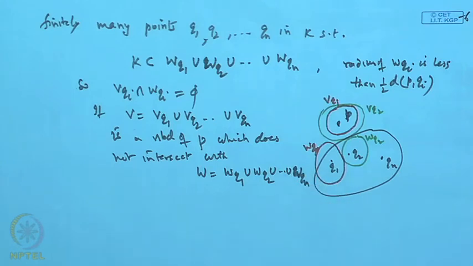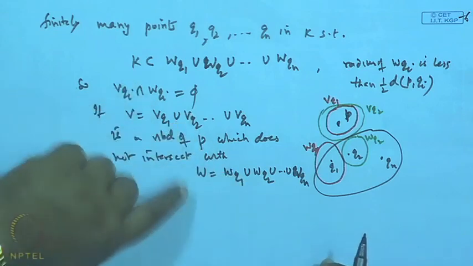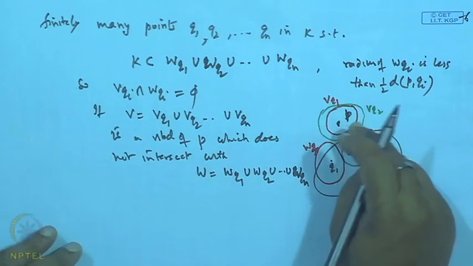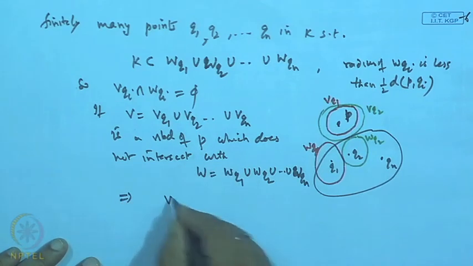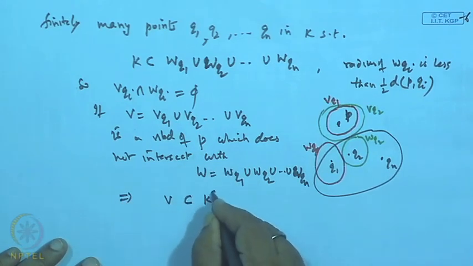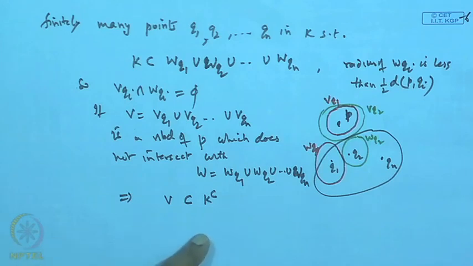This does not intersect with it, because this is the smallest one which is disjoint from everyone. So, we have a neighborhood. This implies that this neighborhood V is totally contained in the complement of K.